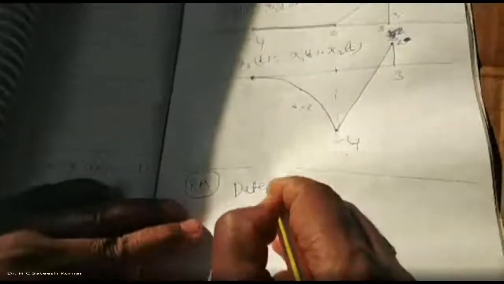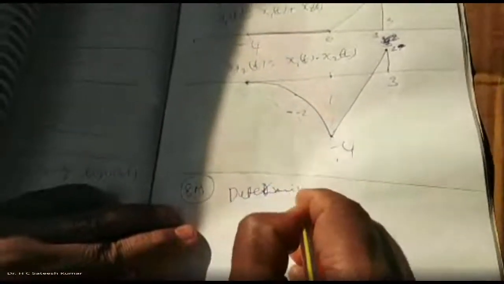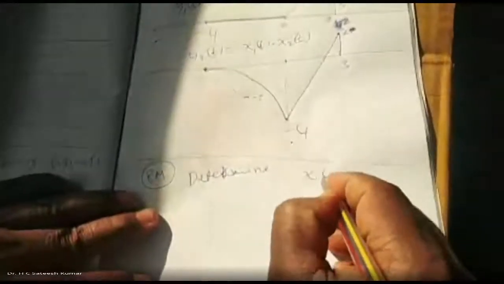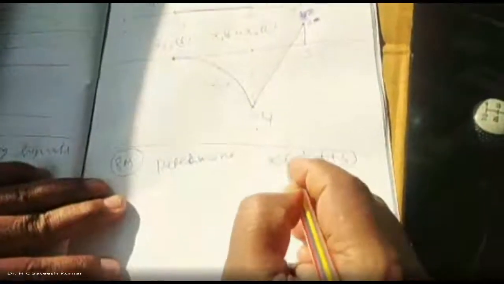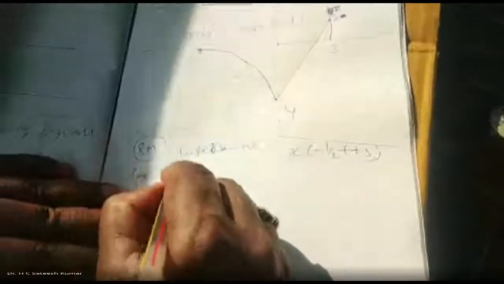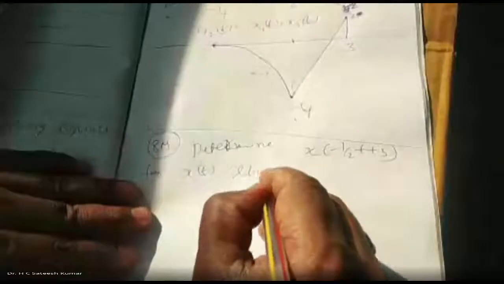When I went for valuation of this paper, it was an 8 marks question, and almost 80% of the students could not do it, only 20 or 30% did it. The question was like this: determine x of minus t plus 3 for x of t shown in figure.